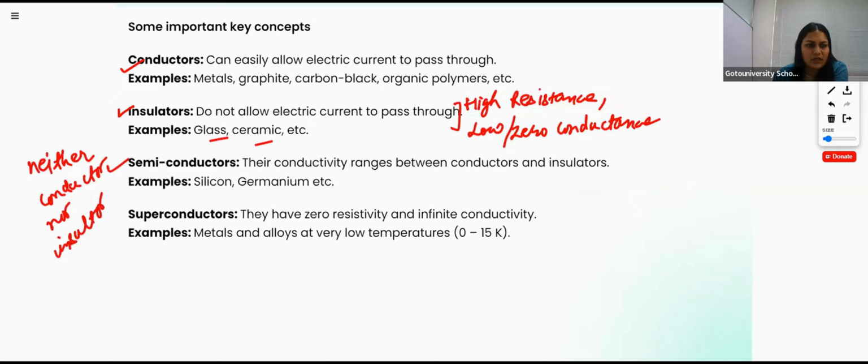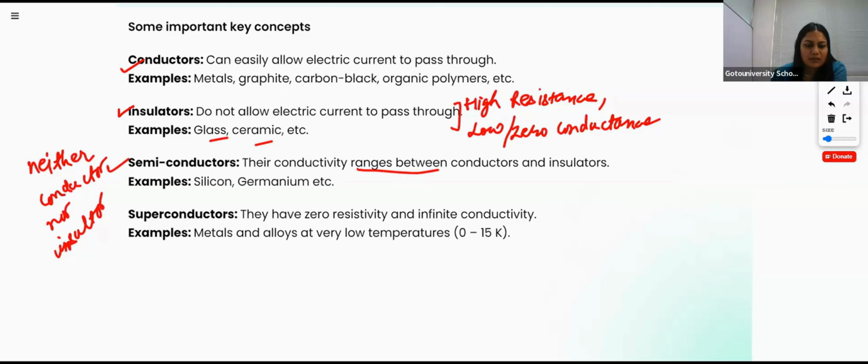They are somewhere in between. They range somewhere between conductors and insulators. For example, they can conduct electricity for some time and then turn into an insulator, then again fluctuate between being a conductor and an insulator.